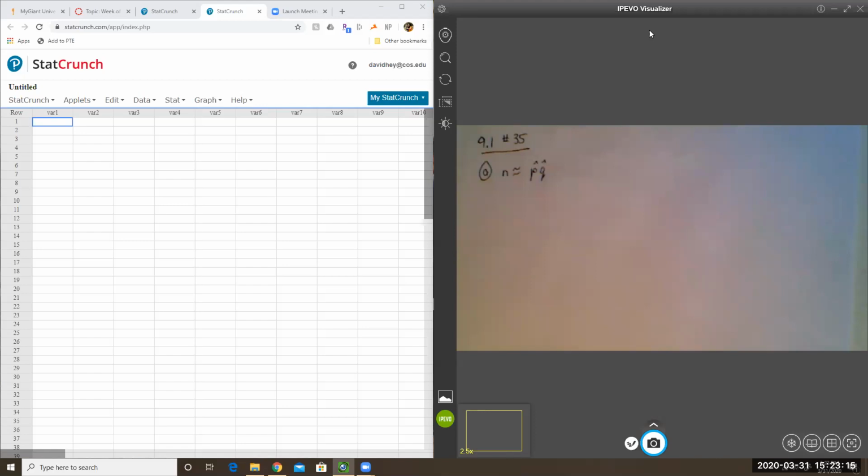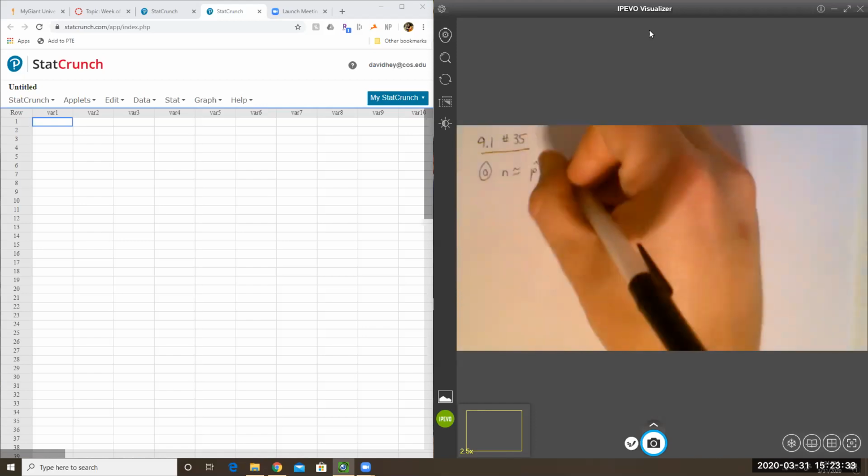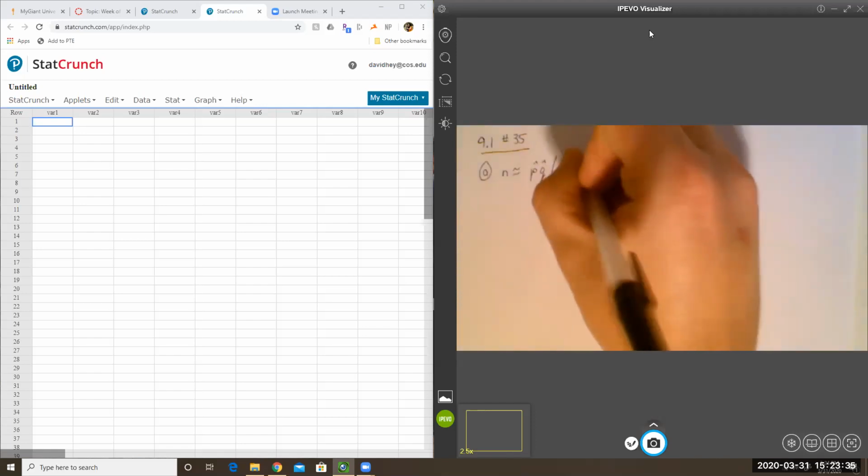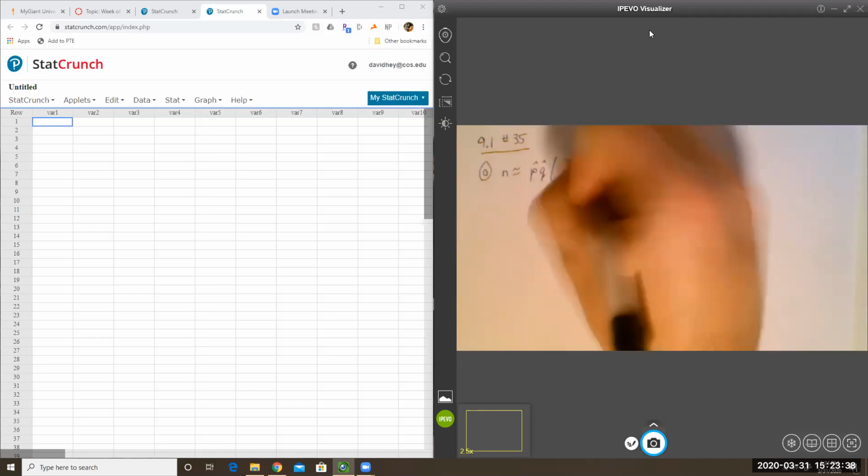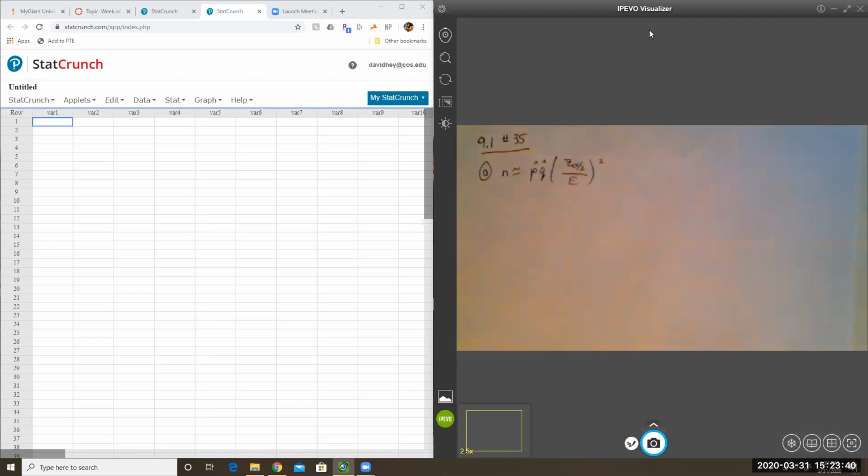Give me a sec. P hat times q hat times z sub alpha over 2 over e, squared, where e is our margin of error and p hat is our prior estimate.